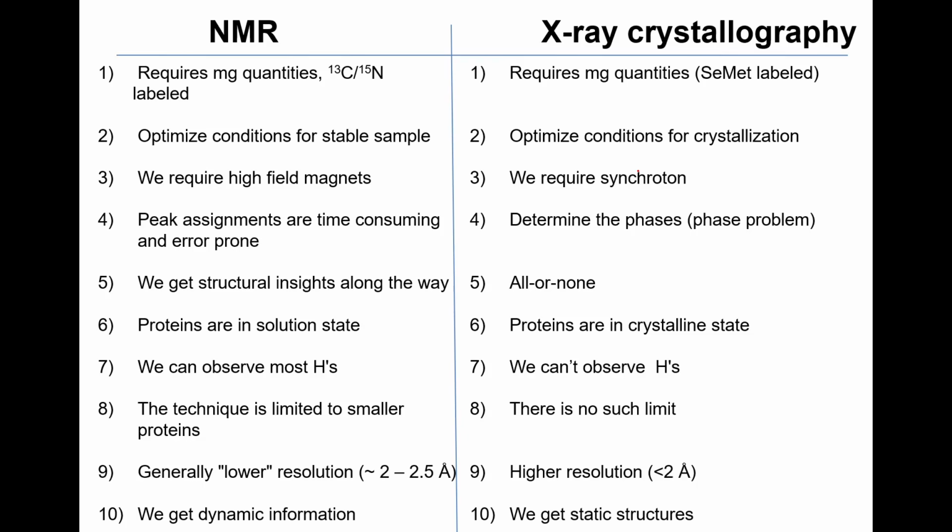Another disadvantage of X-ray crystallography is that you can't find the protons associated with your proteins. We said that in X-ray crystallography, to get high-intensity electron density spots, many electrons need to be present which are vibrating together with one another, so that you get a higher intensity in the final detector.